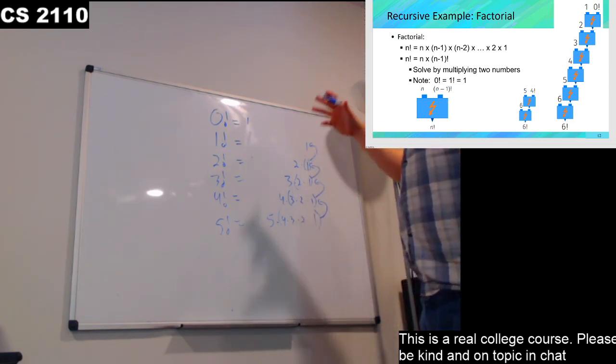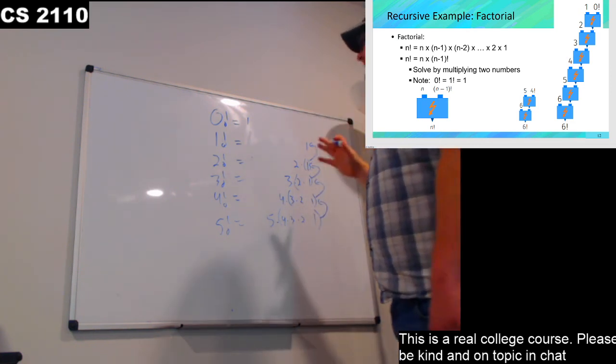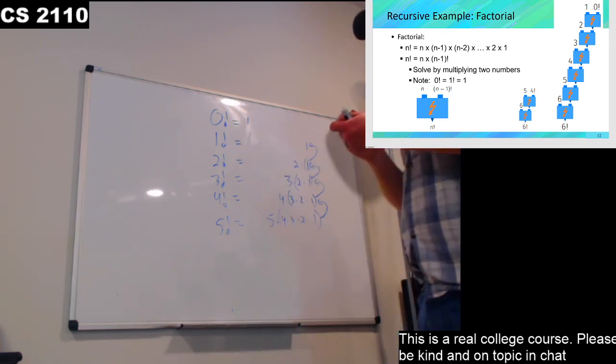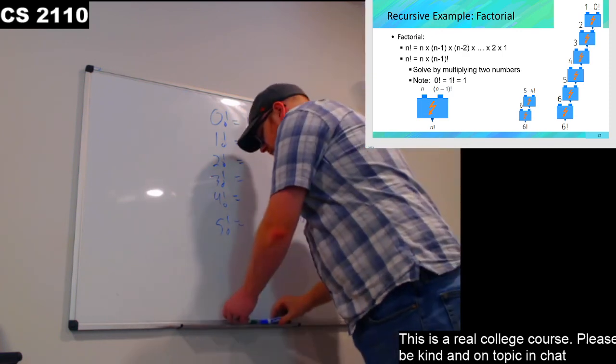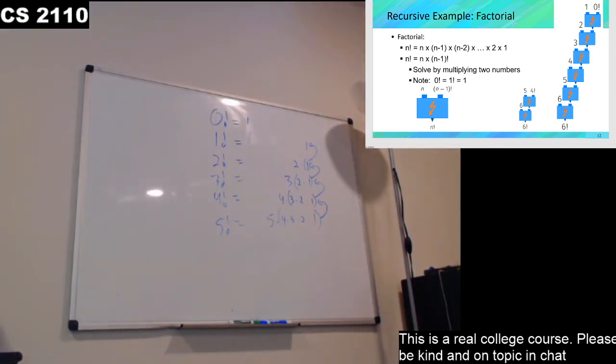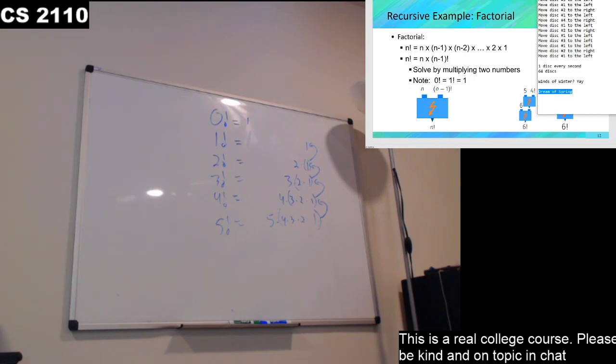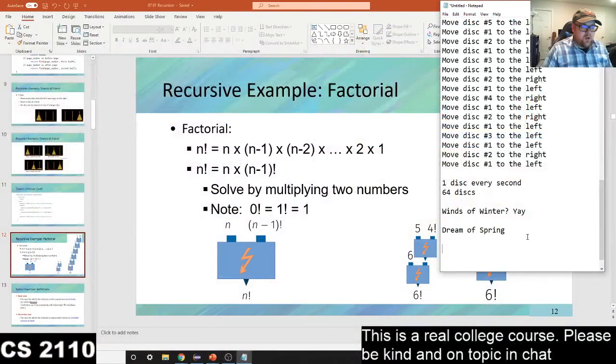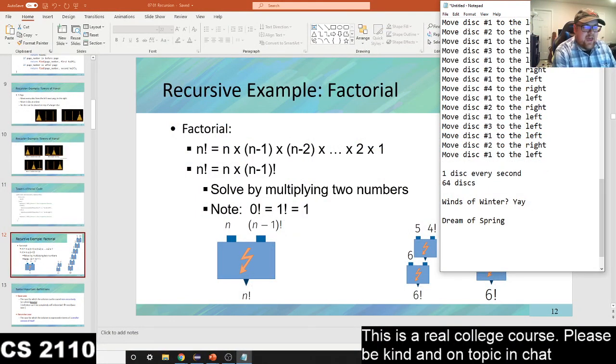This is the basis of how I'm going to define my recursive function. So here's how we're going to do it. Based on what I drew on the whiteboard, I can say that n factorial equals n times n minus 1 factorial.